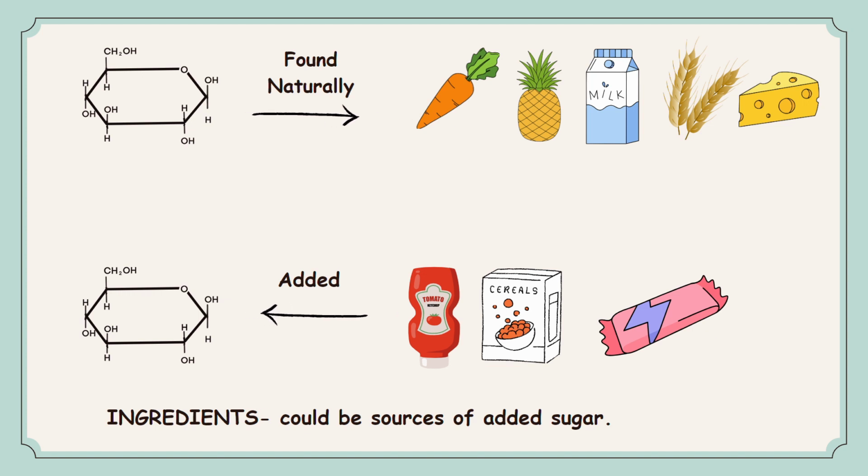It should be noted that added sugar is still considered to be present even if it comes from a natural source, such as sugarcane or honey. In actuality, many of the ingredients listed on food labels, some of which you've probably heard of, may contain added sugars.